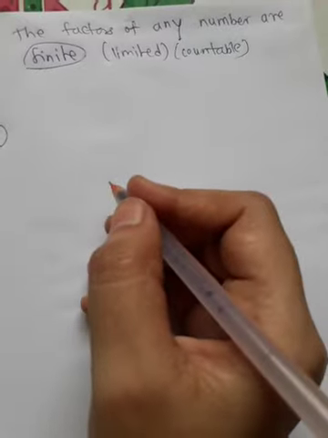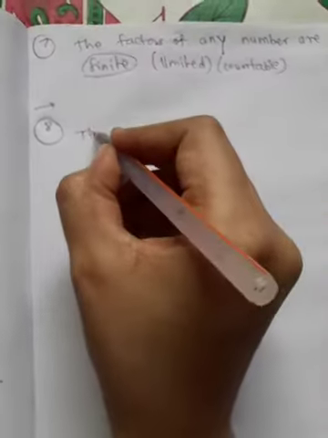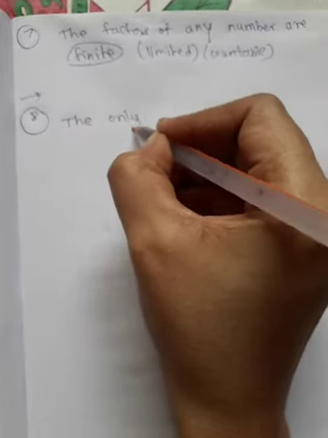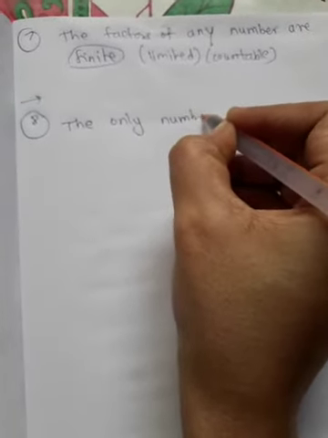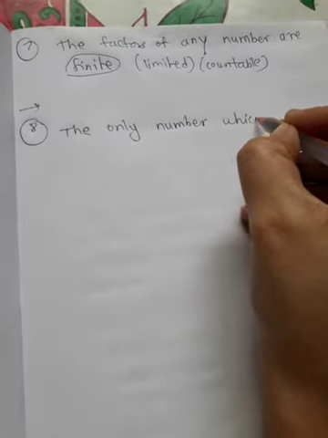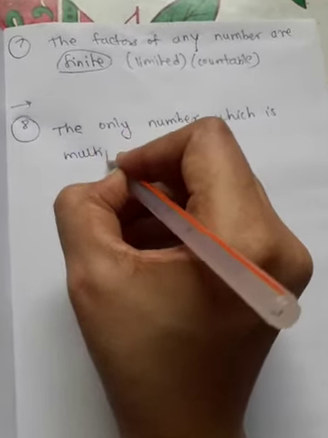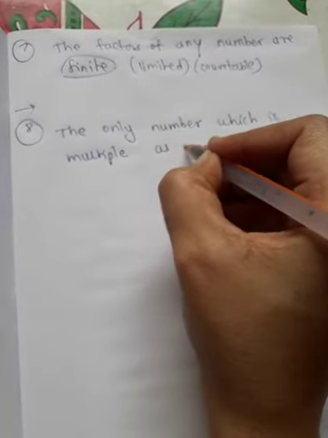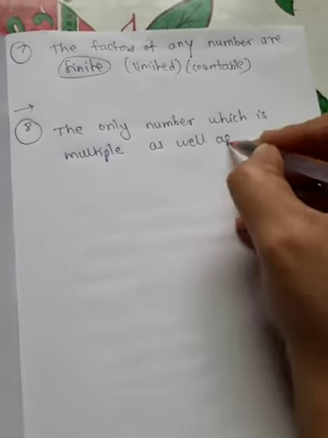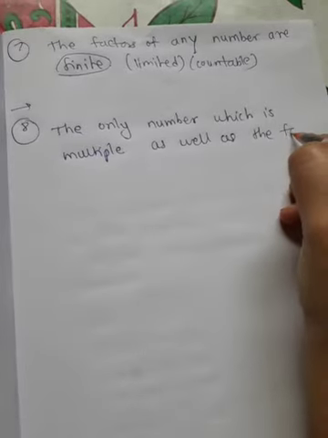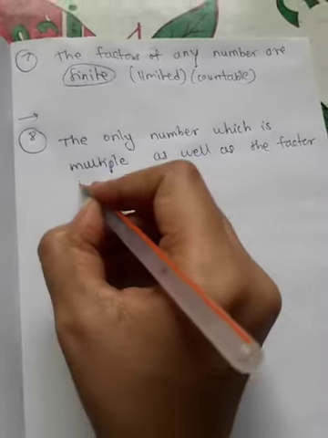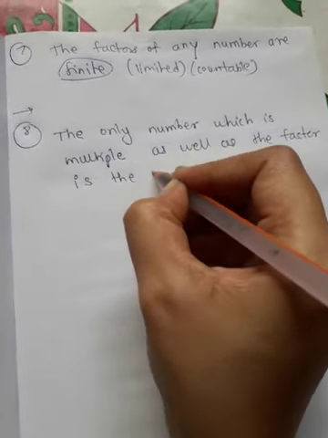Okay, now take property number 8. Property number 8 is that the only number which is a multiple as well as a factor is the number itself.